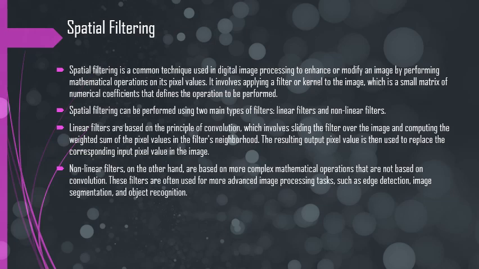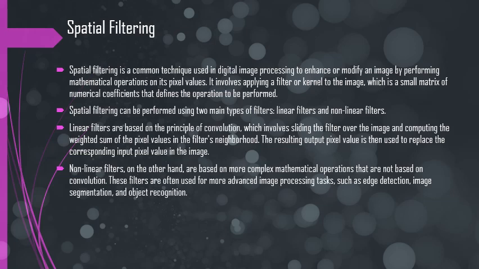Linear filters are based on the principle of convolution, which involves sliding the filter over the image and computing the weighted sum of the pixel values in the filter's neighborhood. The resulting output pixel value is then used to replace the corresponding input pixel value in the image.